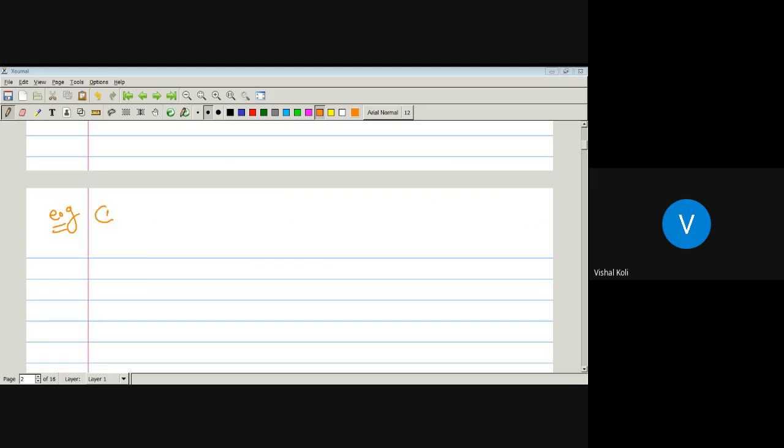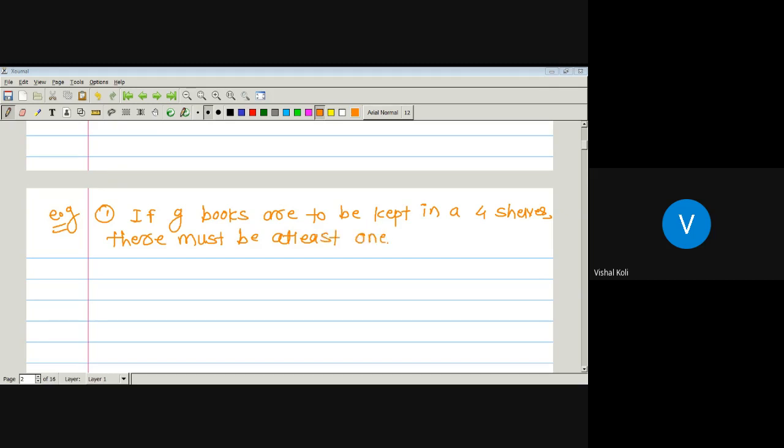If 9 books are to be kept in 4 shelves, there must be at least one shelf which contains at least three books.